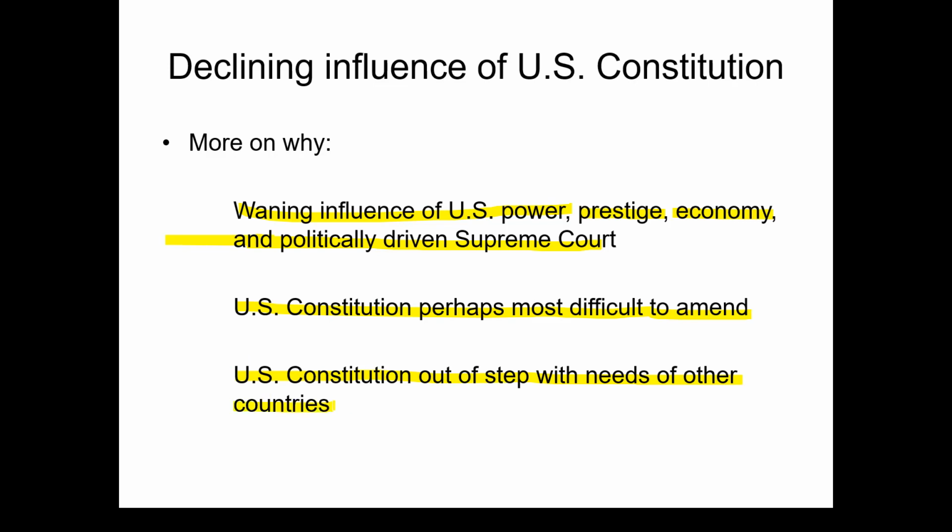And that's part of that declining influence of the United States, that because we have gone our own way, our influence in getting other countries to follow our example may be somewhat in decline as well. So the Constitution may not be as attractive nowadays as it was.